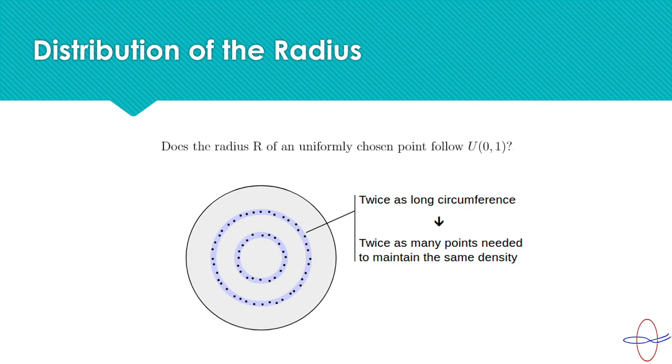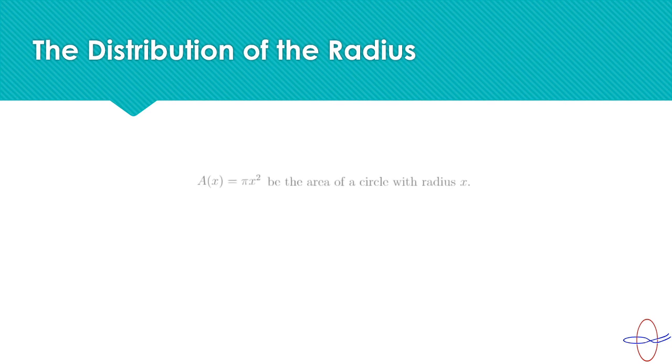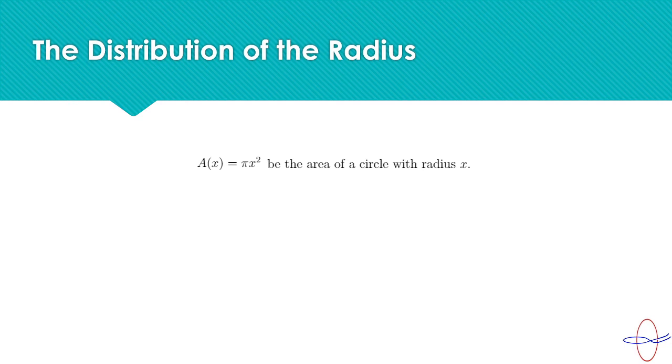So let's move to the mathematics without much hand waving, and find the distribution of the radius. We define the area as pi x square, which is the area of the circle with radius x.